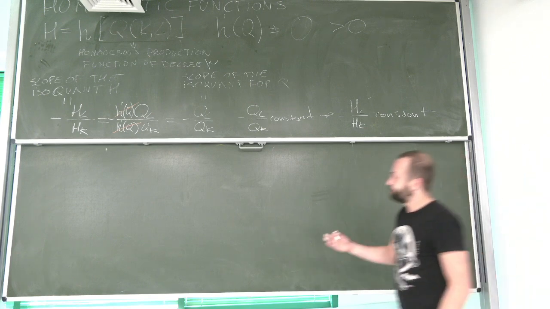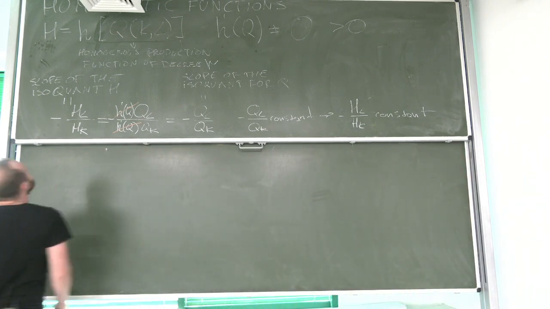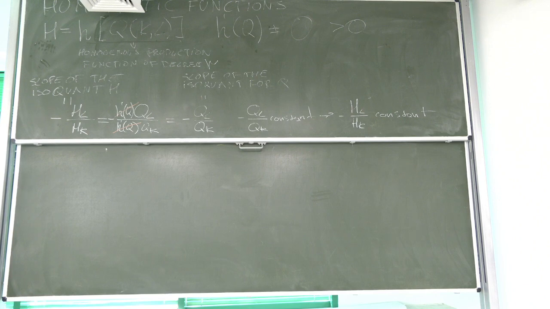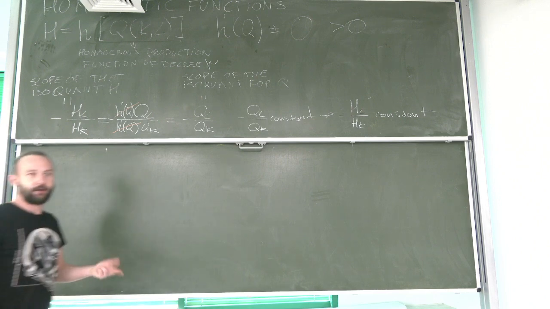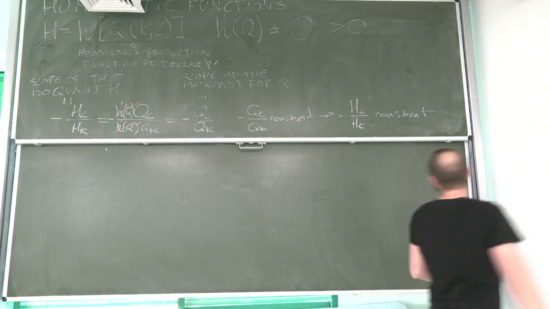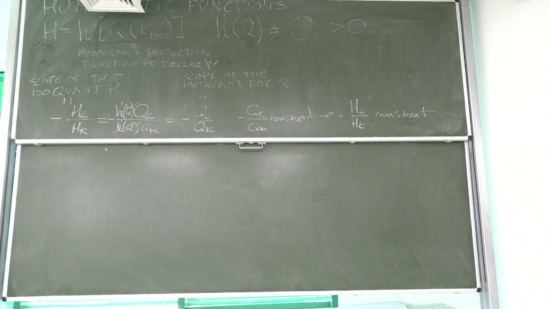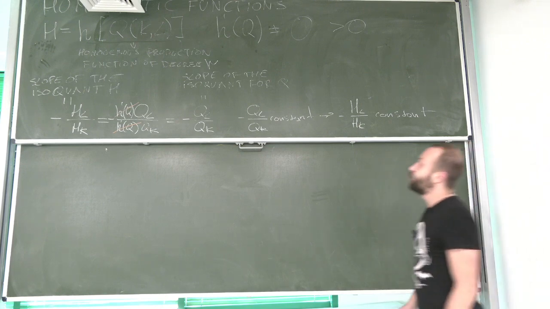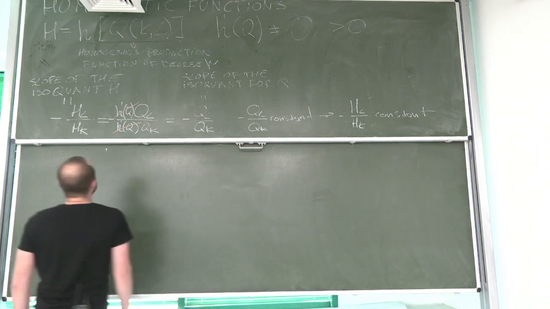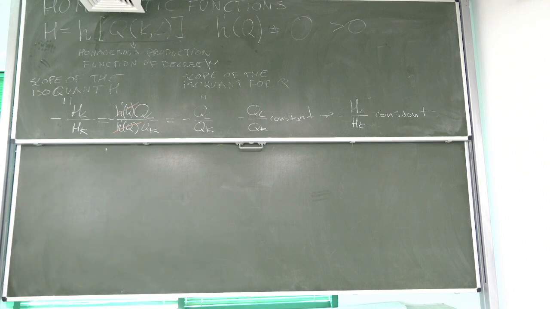Okay, so this is the first of the two main nice properties of homothetic functions. The second is actually associated with the elasticity of the capital to labor ratio with respect to changes in the level of production.